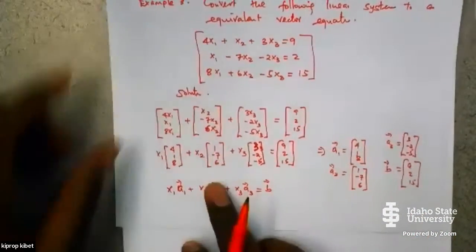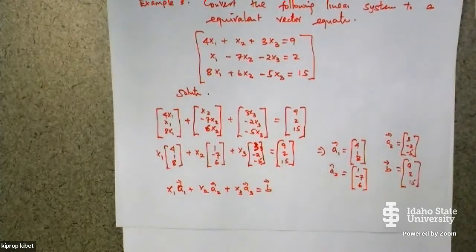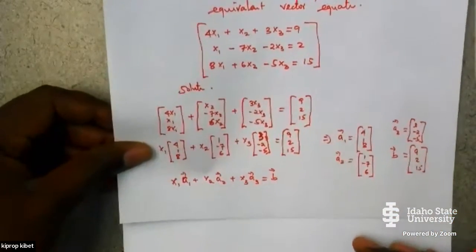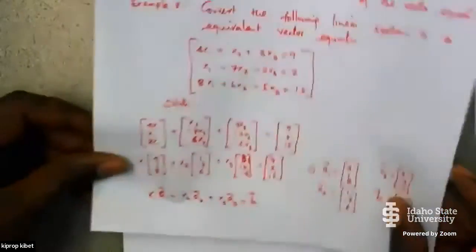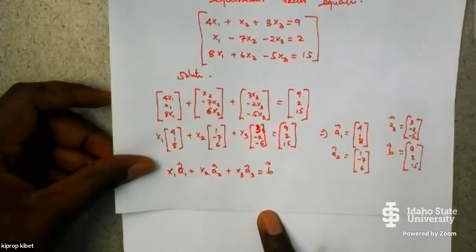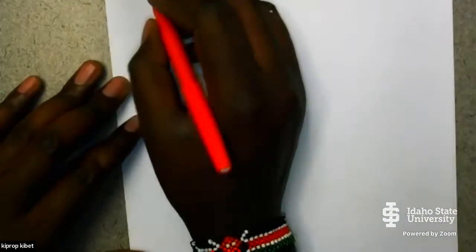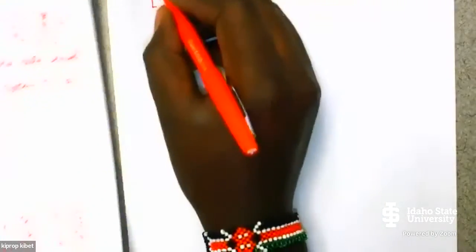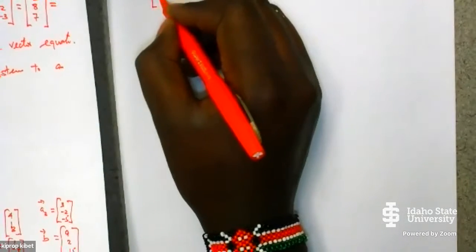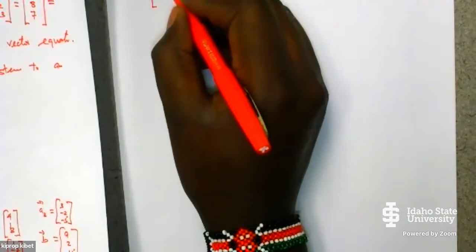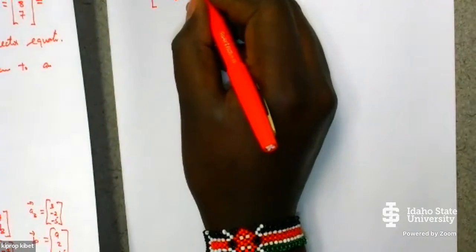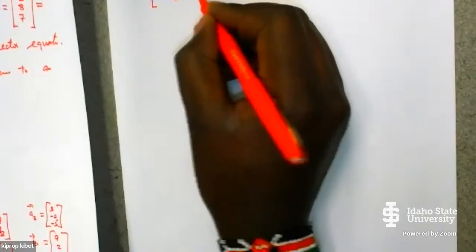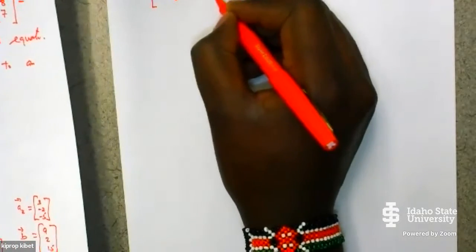So to write this vector equation into the augmented matrix form, it is actually equivalent to writing this as A1, which is 4, 1, 8, then 1, -7, 6, and then 3, -2, and -5, and then 9, 2, and 15.